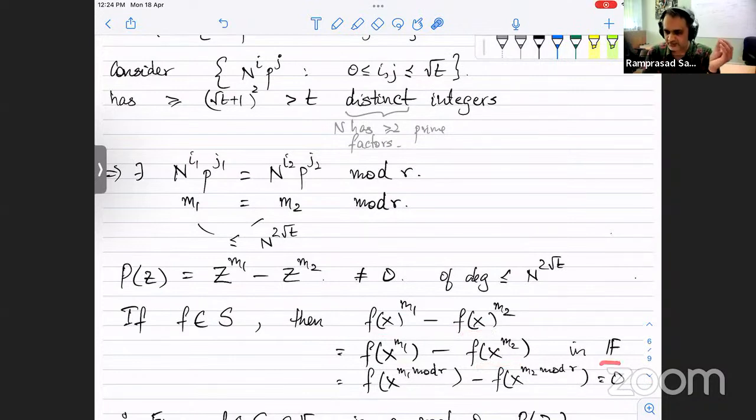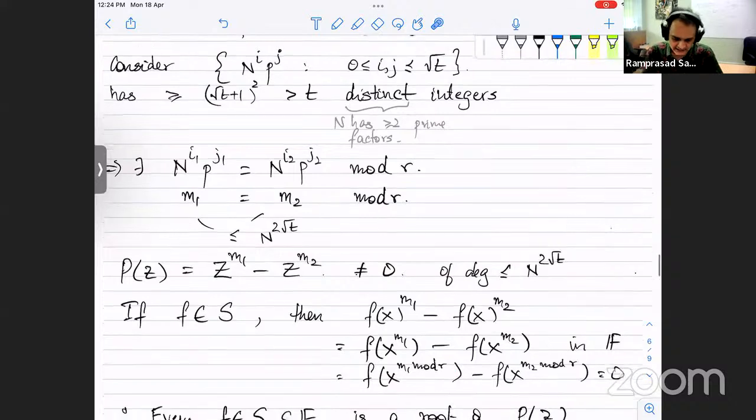And in the field F, I know that x power r equals 1. So therefore, x power m1 is the same thing as x power m1 mod r, whatever the residue modulo r was. So this basically says that I have f of x power m1 mod r minus f of x power m2 mod r. But we set it up such that m1 mod r equals m2 mod r. So we're literally subtracting the same thing. So therefore, we are going to end up getting 0.